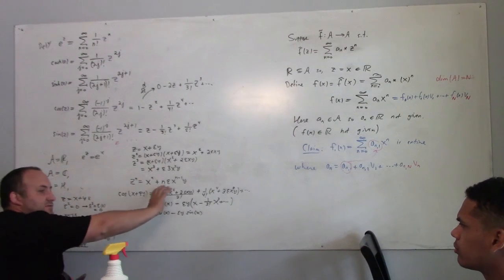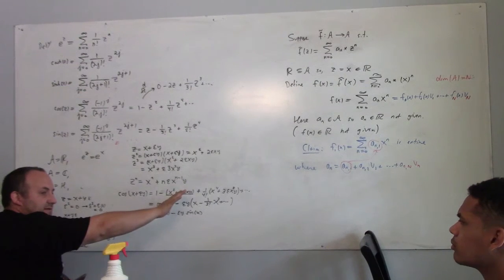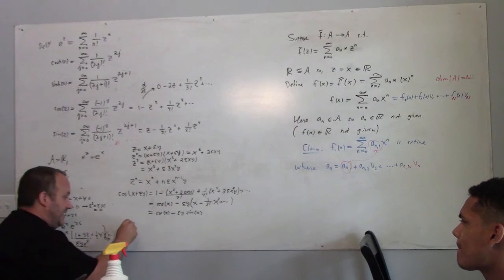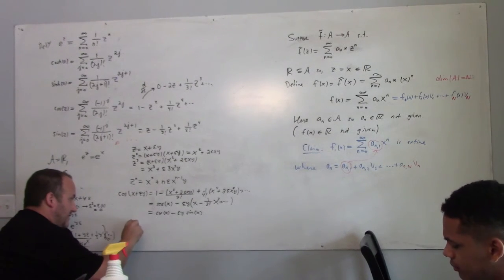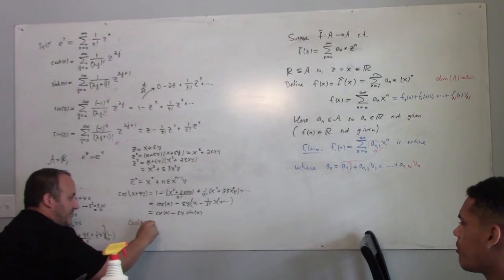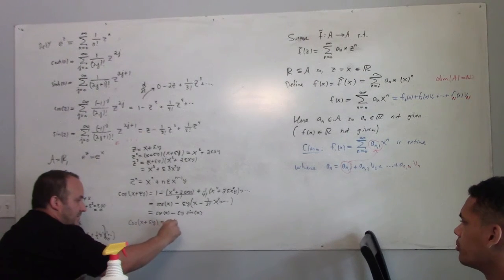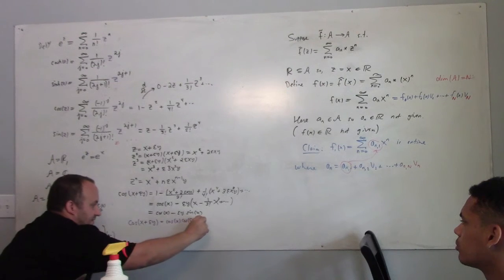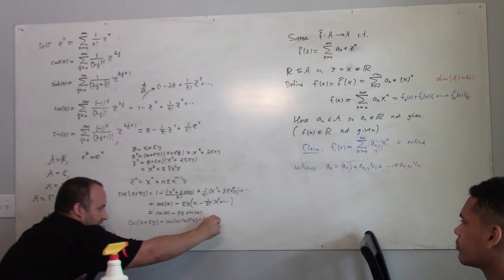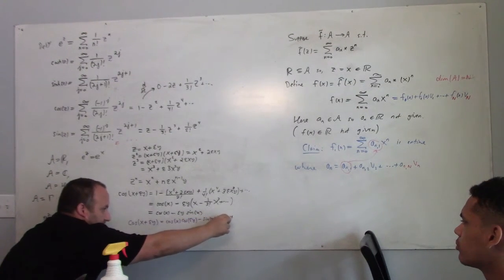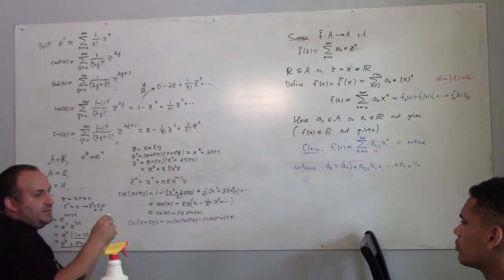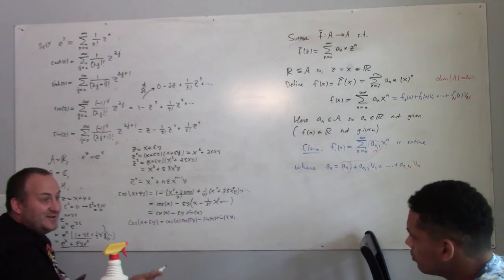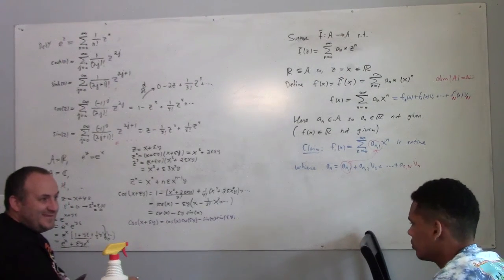So I can do this directly with the power series expansion if I want, or I can engage in this kind of argument. So this is going to be cosine of x cosine of epsilon y minus sine of x sine of epsilon y by the adding angles formula for cosine, which is true over arbitrary algebras.